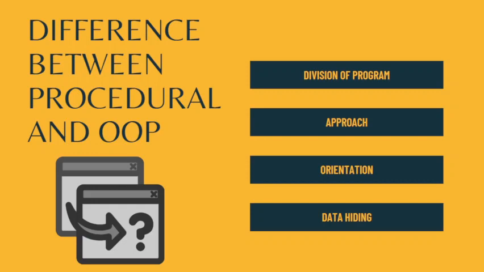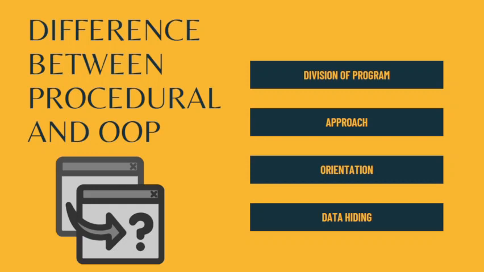The approach that procedural programming takes is by using steps or functions or subroutines in solving a problem. For object oriented programming, it uses objects, and sometimes we call them classes. Classes are just blueprints upon which objects are created. So the approach is different for the two concepts.